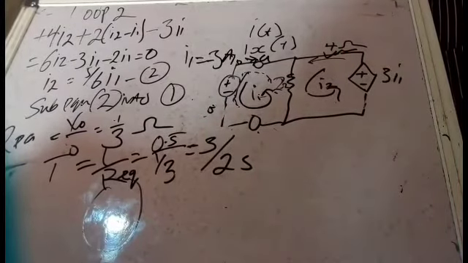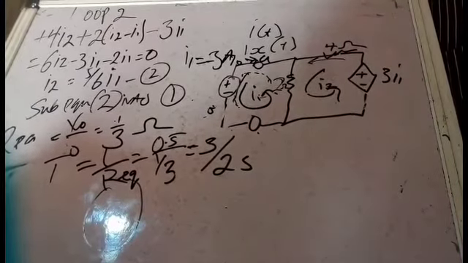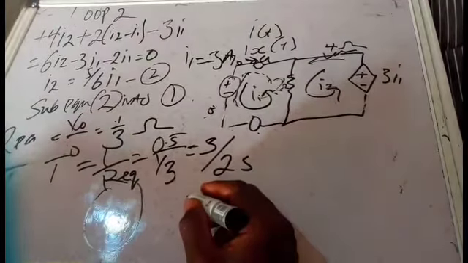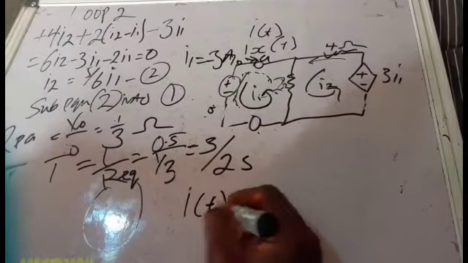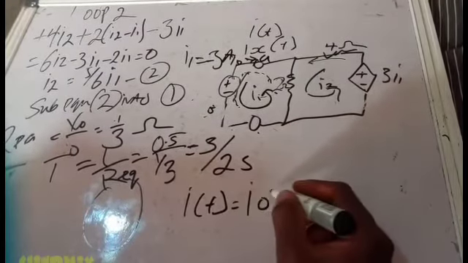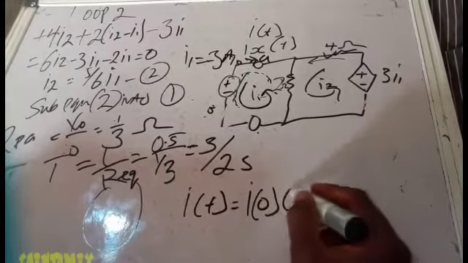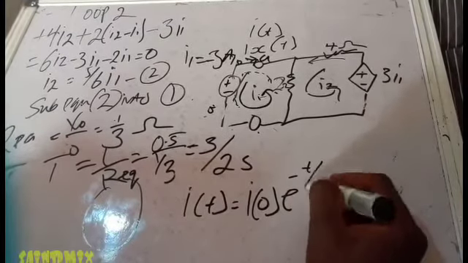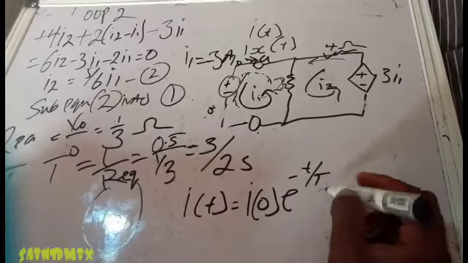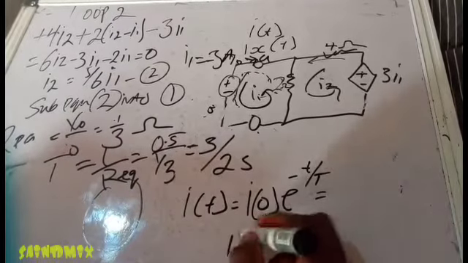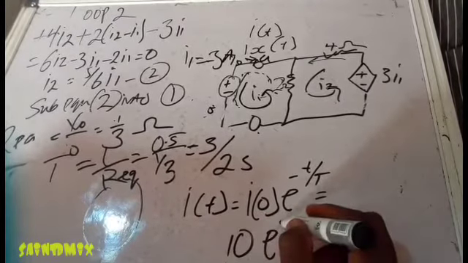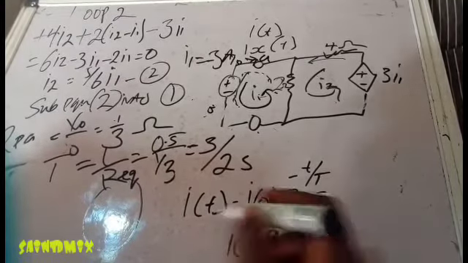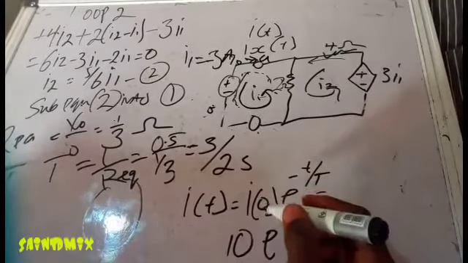So now let us calculate our current through the inductor. Current through the inductor at time t will be equal to I naught exponential minus t over the time constant, which is equal to 10 exponential minus t, which we don't know at this point.